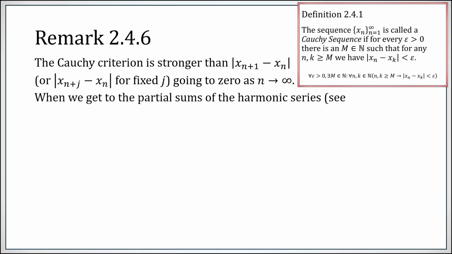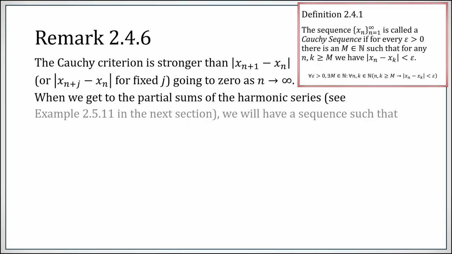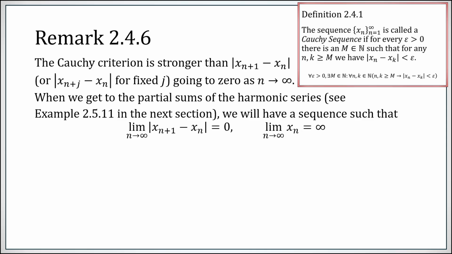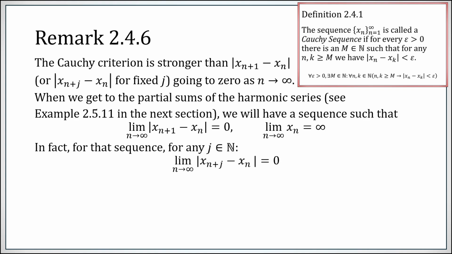So shortly, we'll start talking about series. When we get to partial sums of the harmonic series, for example 2.5.11, we will be able to construct a sequence so that the limit of the difference between consecutive terms goes to 0, but the sequence goes to infinity. Or more generally, the limit of the difference between two terms whose index differs by any fixed amount goes to 0, whereas the sequence goes to infinity.